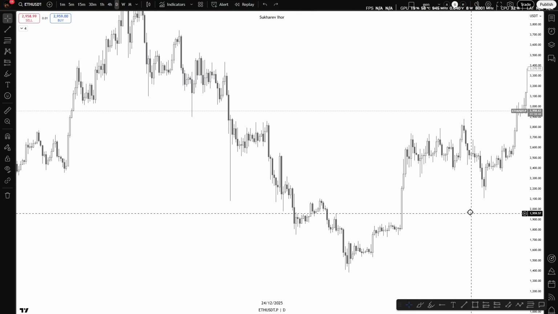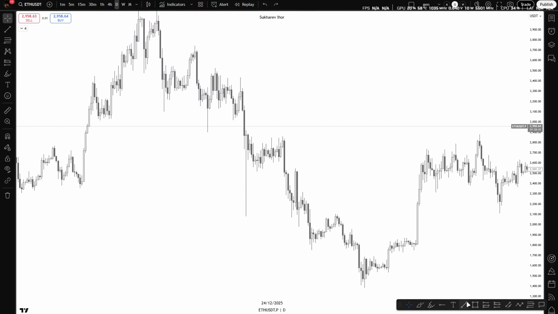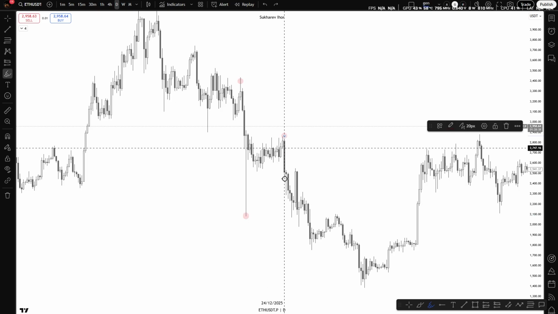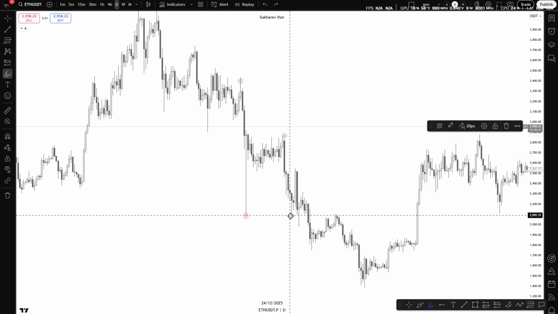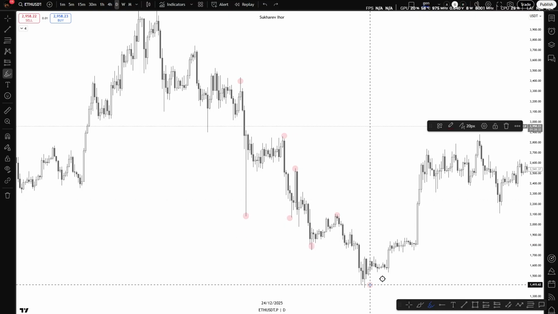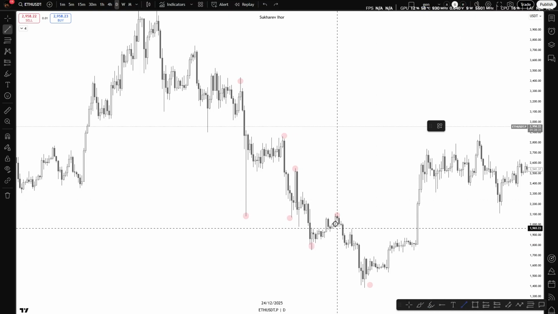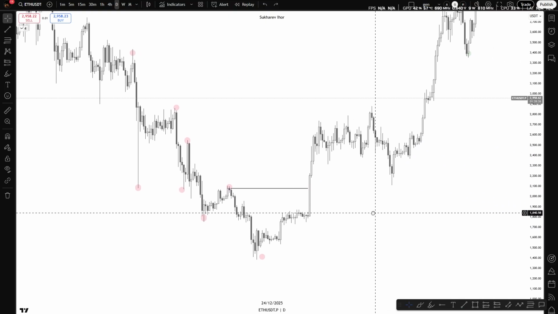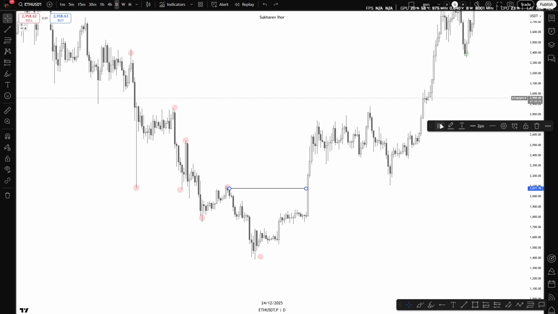Let's see something else. You can see the big one here, so same thing. We go like this, and boom. Here it has a break of structure.